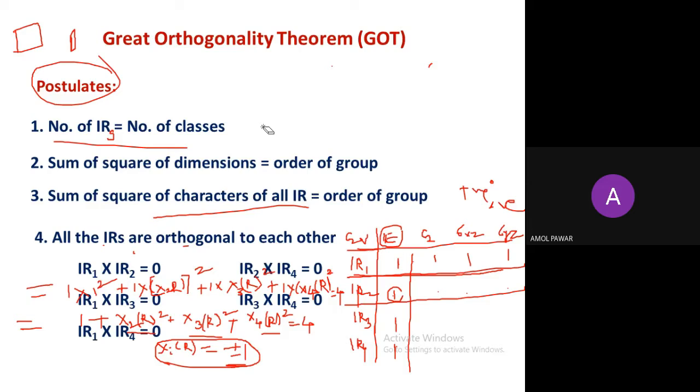So how many irreducible representations are there? 4: IR1, IR2, IR3, and IR4. Now we have to write the values in representation 2 first. So we can try with this 1 into 2, that is irreducible representation 1 into irreducible representation 2 must be equal to 0.